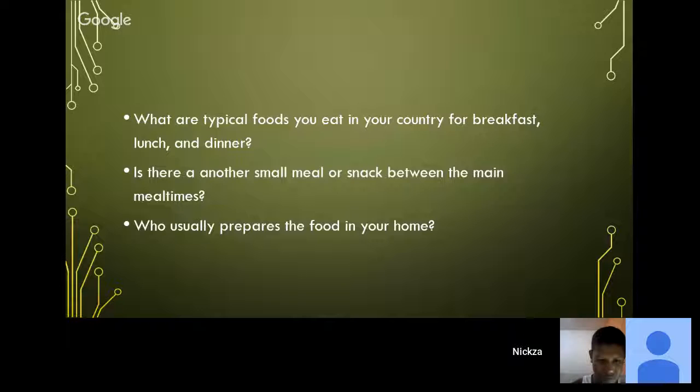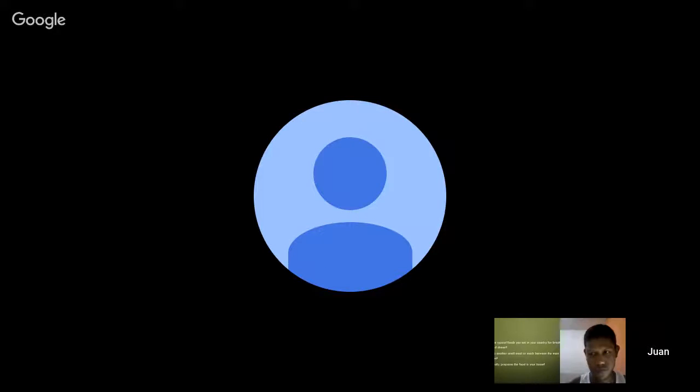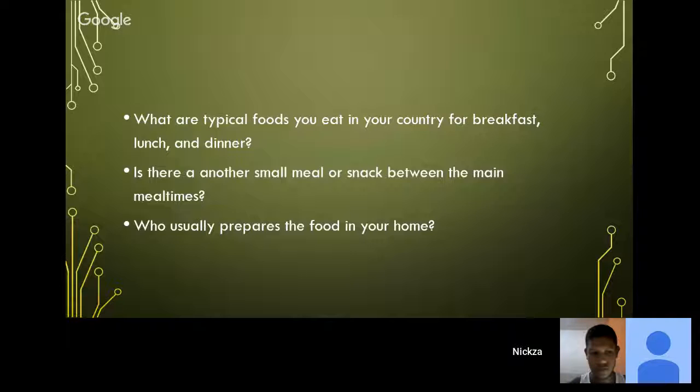When I moved here, I realized how different the eating habits were. They focus more on meals and don't have that many snacks. The main meal is dinner, the biggest, and lunch is just a sandwich or something simple. Breakfast is milk with cereals and then fruits.